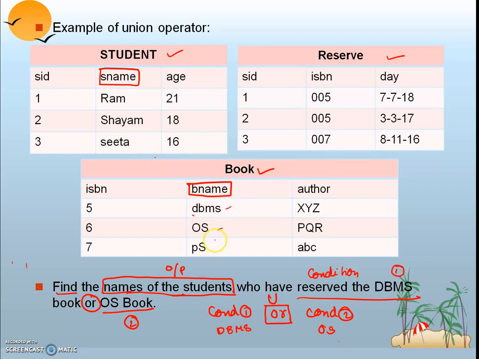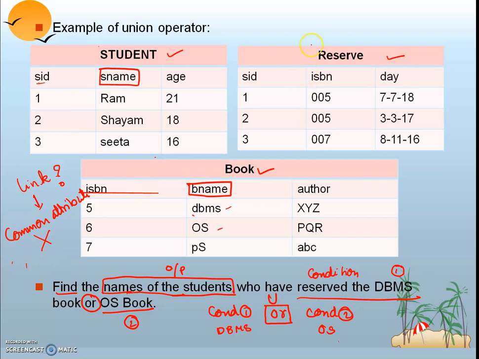Now try to check, is there any link existing between student table and book table? When I speak about checking of the link, what do you have to check? You have to check whether there is any common attribute existing between them. Check. Is there any common attribute between student and book? No.